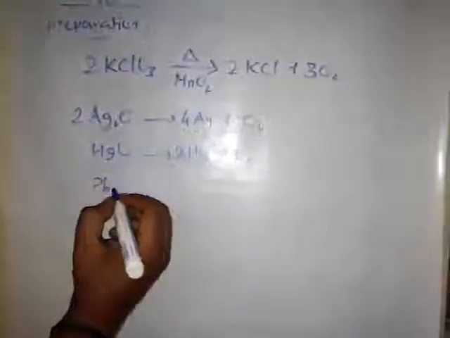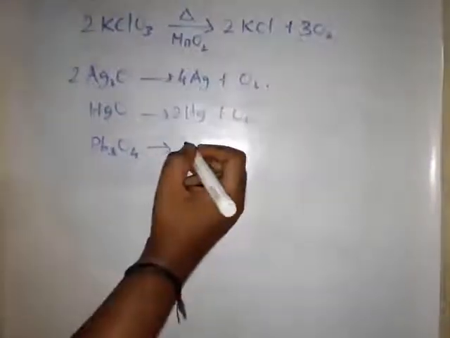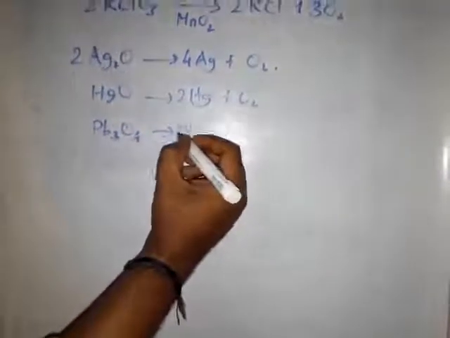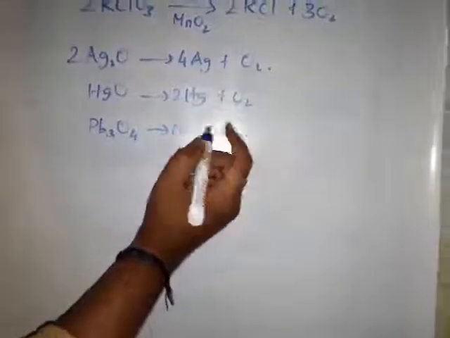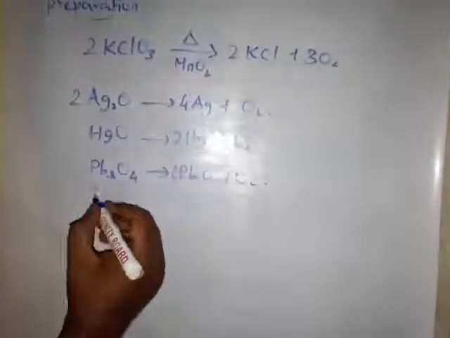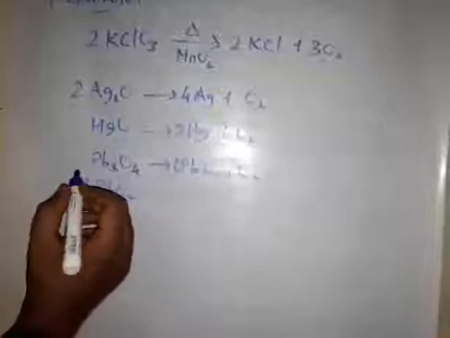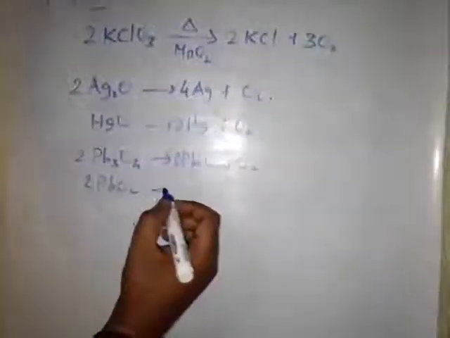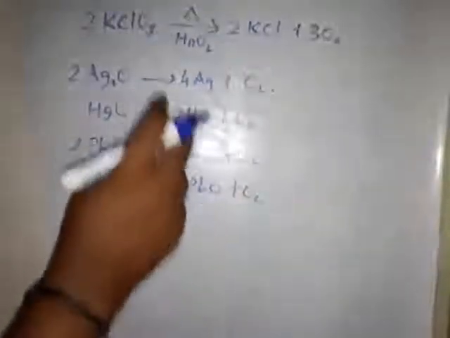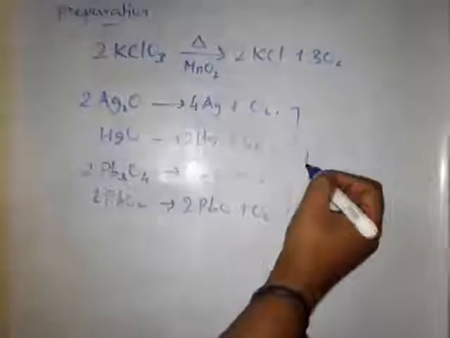Lead oxide gives 6 moles of lead oxide and O2. So these are the preparation methods of oxygen by thermal decomposition.